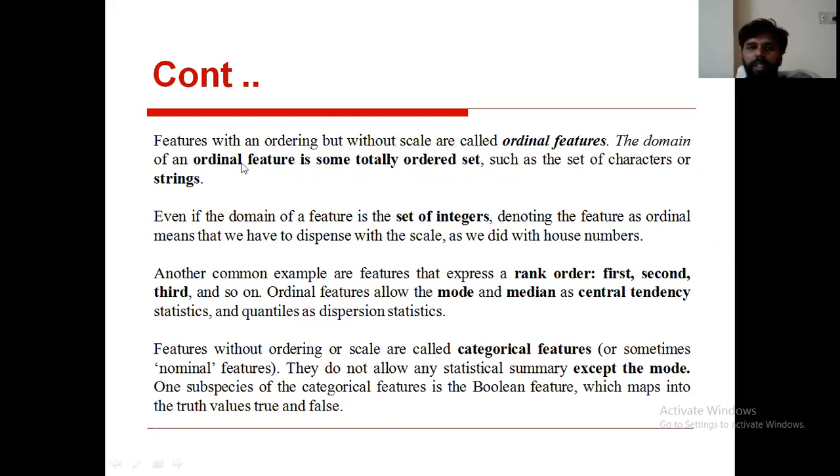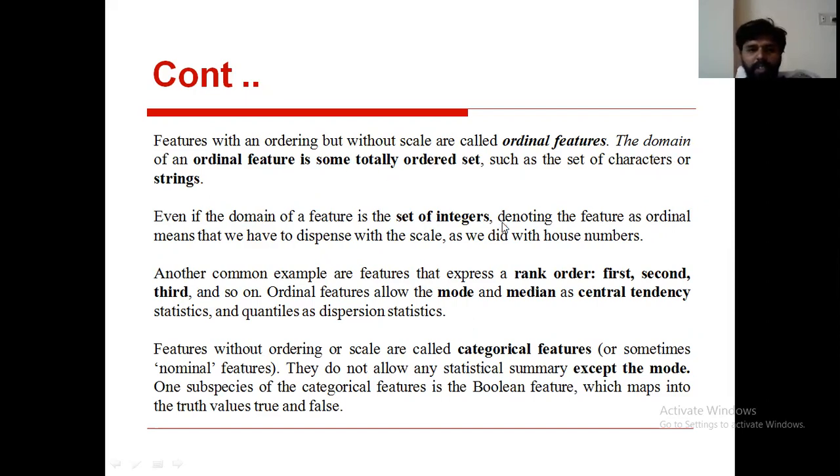Right? Here, ordinal features are some totally ordered sets. What is an ordinal feature? It is an ordered set. Here I would like to give an example: a set of characters or a string. A set of characters is also called a string, right? This is an ordinal set.